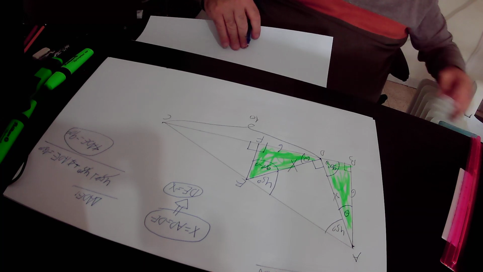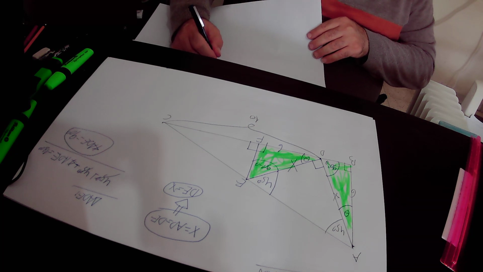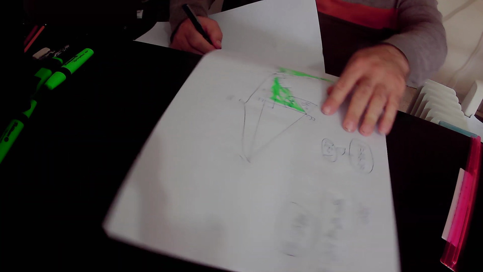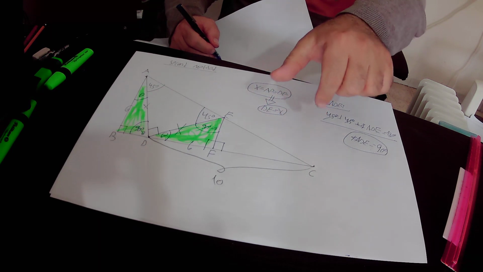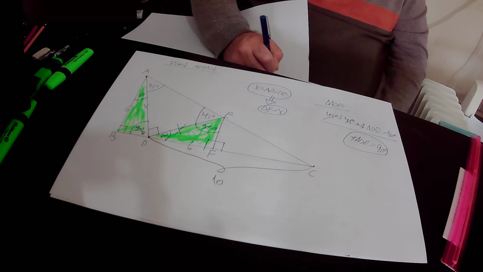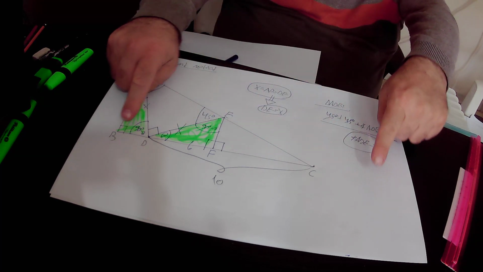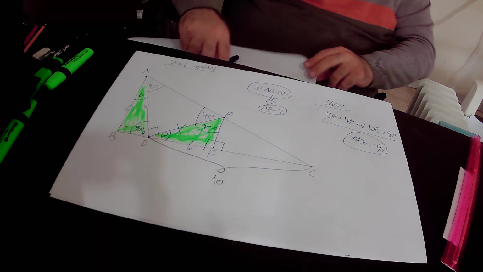And what is the size of line segment FC? It is very easy to see from the drawing that DC minus DF equals FC.